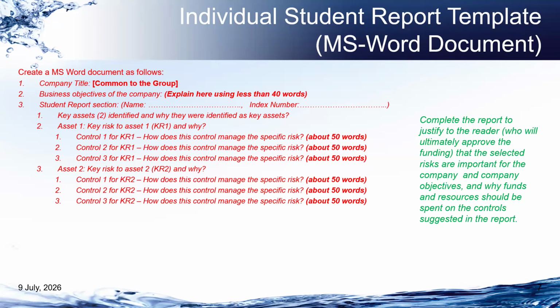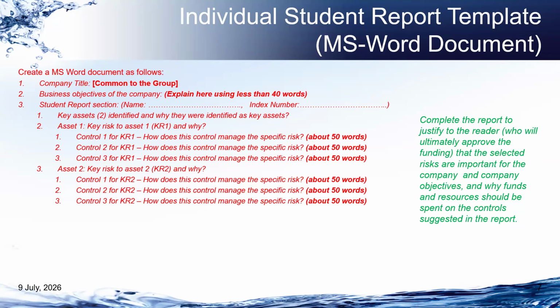If you do that, it might give you some good advice on how to change your 50 words for the controls. In all of this, remember the thing on the right-hand side.